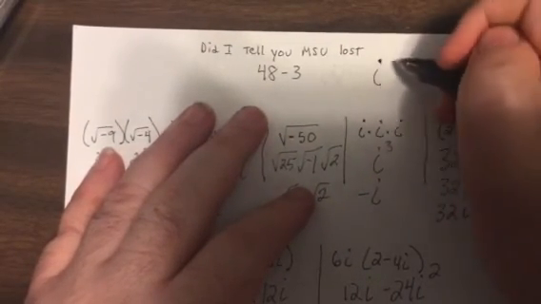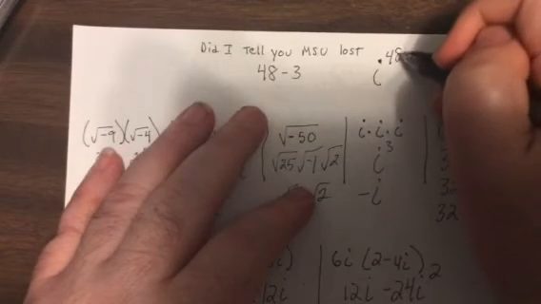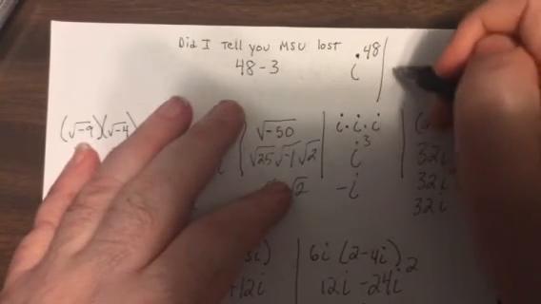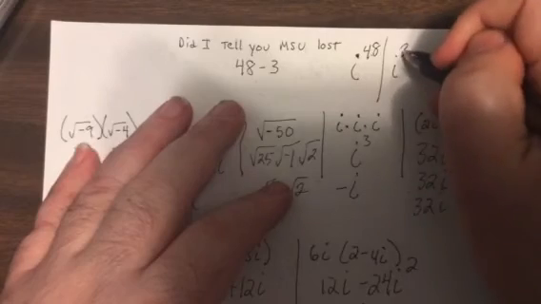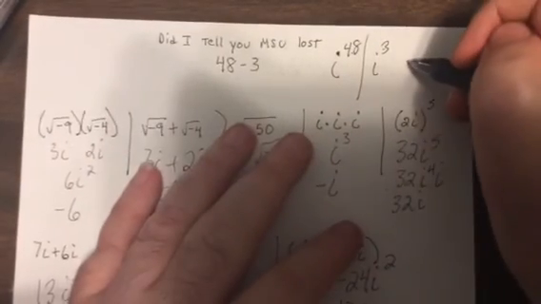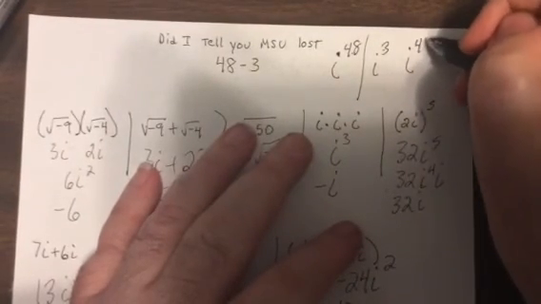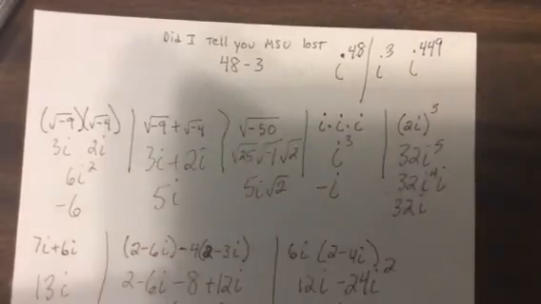i to the 48, what would that be? What's i cubed? And i to the 449. Simplify that real quick.